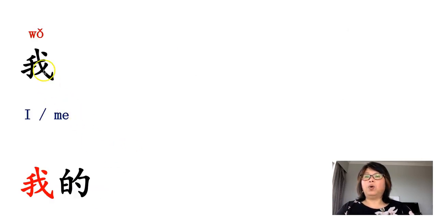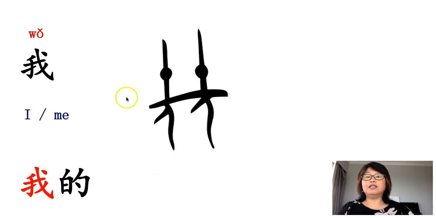This is 我, sounds like war, and it means I or me. So the original form of 我 actually was like two weapons. So when we have weapons, that means we're having a war. So war sounds 我, but when we look at nowadays, is our life full of battles?